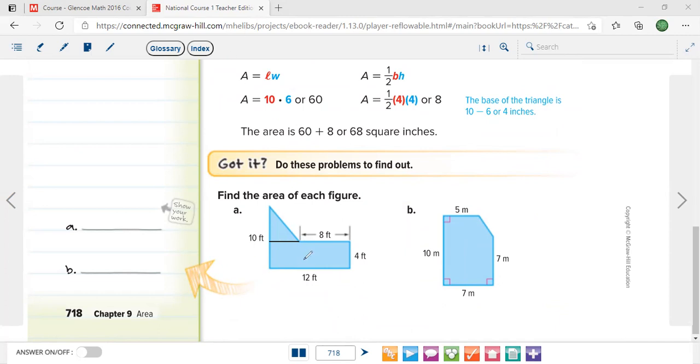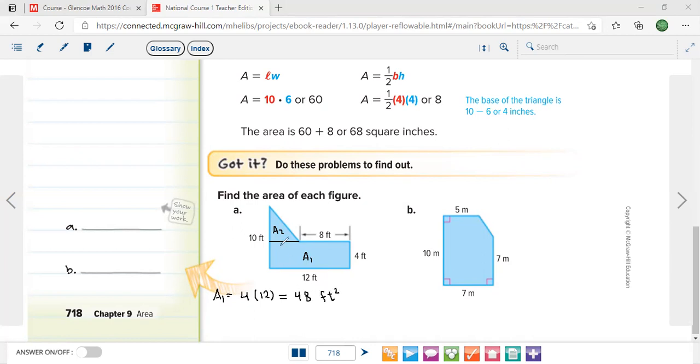I'll name it area 1, and the triangle I will name area 2. After I find them, I will add. Area 1, which is a rectangle, needs length and width. So 4 times 12, this will give you 48 feet squared.